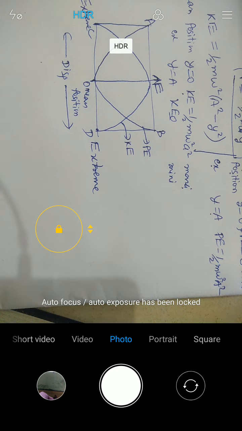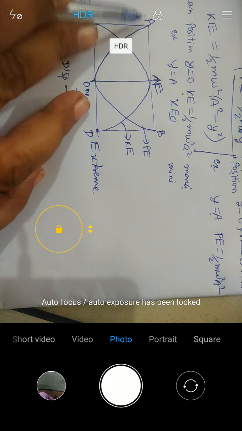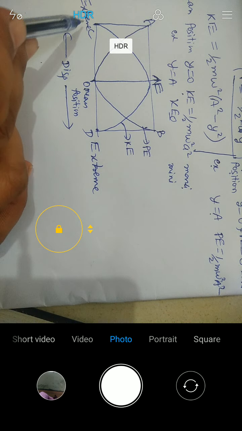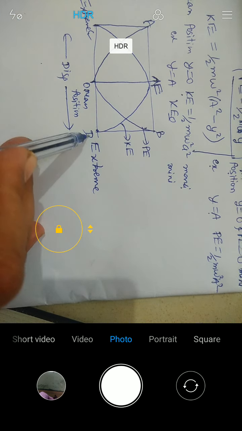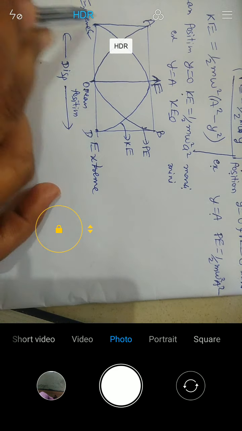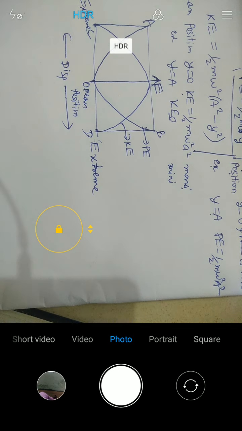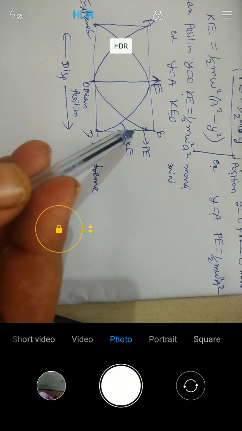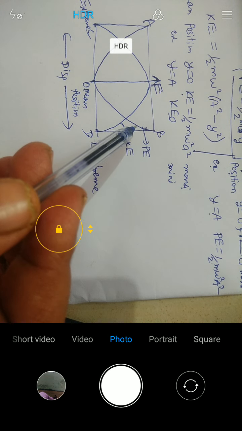Suppose in the graph the curve AOB and the curve CED represent the potential energy and kinetic energy respectively.